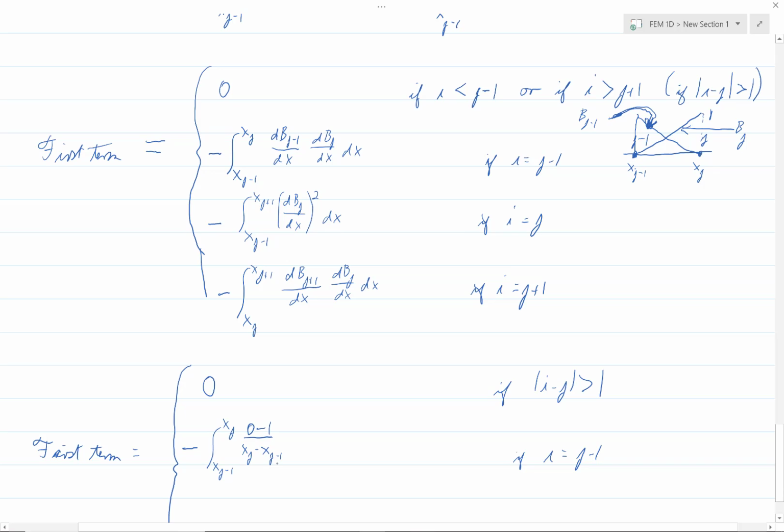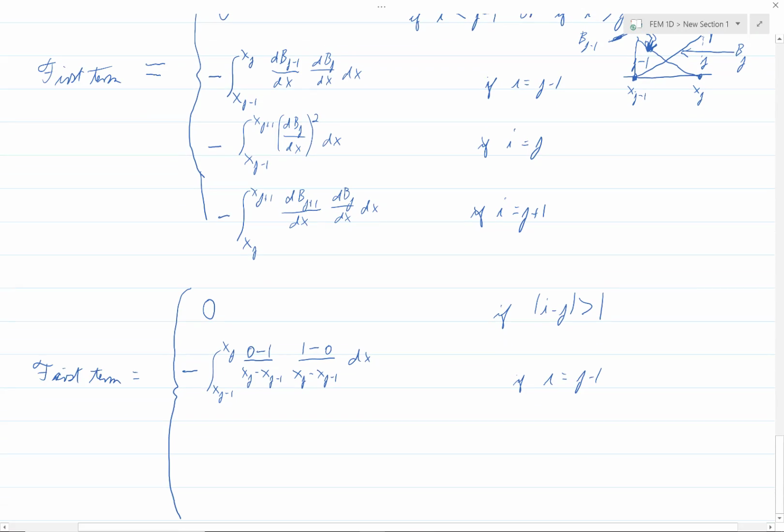Just that simple. And on the other hand, db_j/dx is 1 minus 0 over x_j minus x_{j-1}. Again, we have dx. So you can see right away just how simple that is.